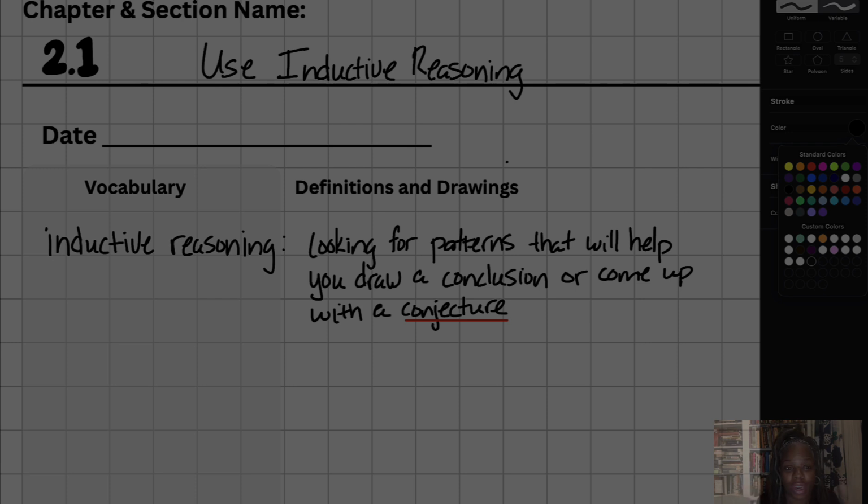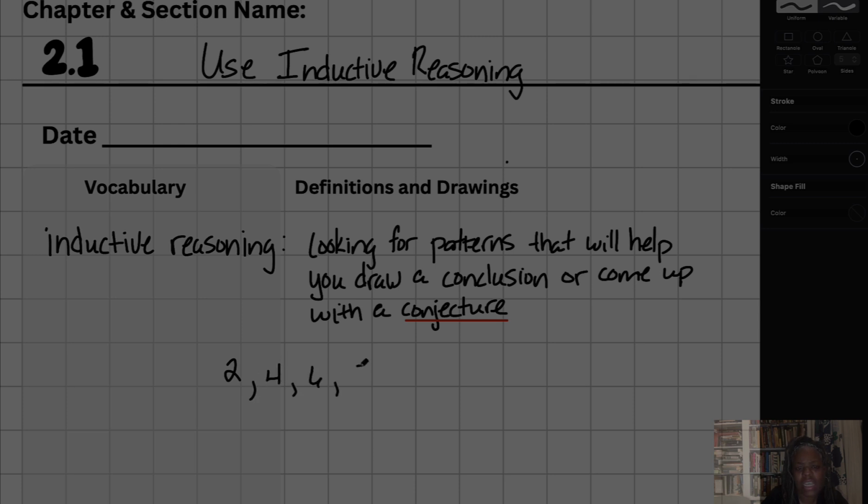But before we go there, let's talk about inductive reasoning just a little bit more. Let's say I'm in class and I'm saying things like, okay, guys, I want you to do a lot of problems. I want you to do problem 2, then 4, then 6, then 8, then 10. And you know I'm going to keep going. What would you guess is my next problem that I choose? Hopefully you said 12.